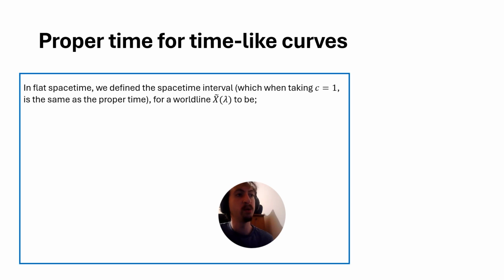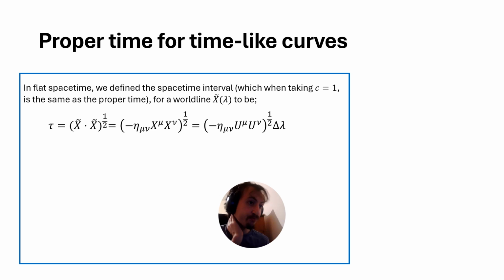And so we can calculate the proper time or the space-time interval by essentially looking at the scalar product of full position with respect to itself.